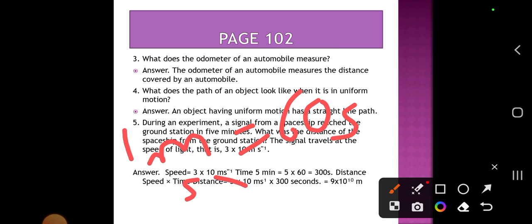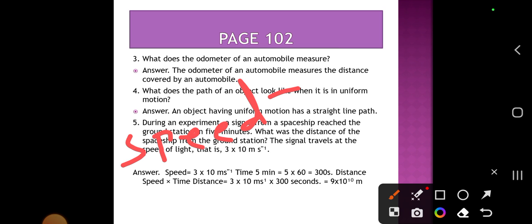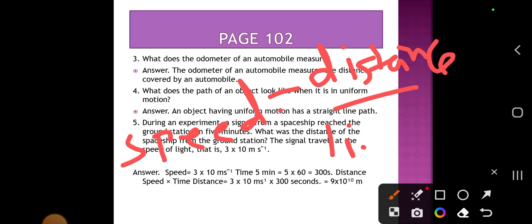Okay. So we also know the equation, that speed is equal to distance upon time. So for this, we can calculate the distance, because we need the distance of the spaceship.